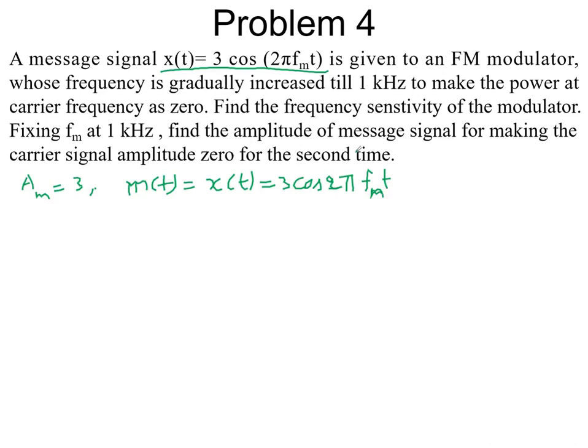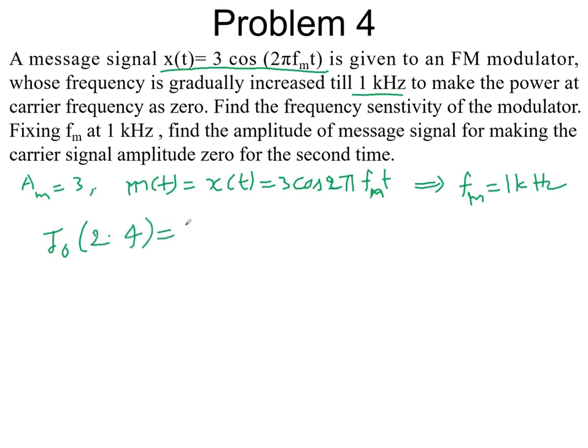Now it is gradually increased till 1 kilohertz. Means it is told that your fm is 1 kilohertz at one instant of time. And what is the condition? To make the power at carrier frequency 0. Means it is given to you that you're trying to make your J0(beta) zero. Beta is how much here?